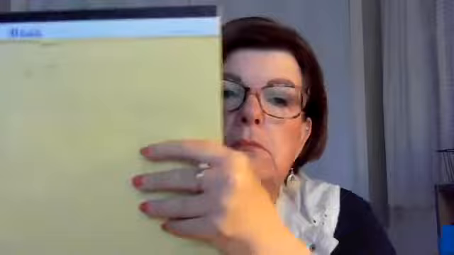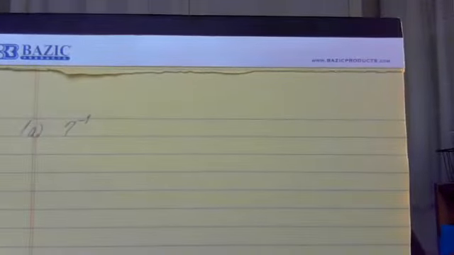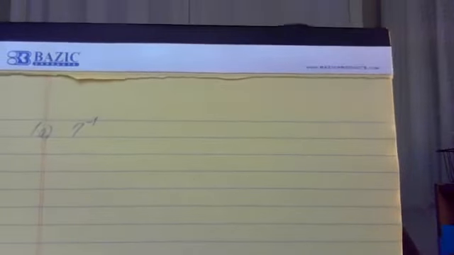Number 1A says 7 to the negative first. Seven to the negative first. Okay? And so the first thing you see there is that there's a negative exponent, and we found out with the negative exponent, you need 2 stories in your apartment building.